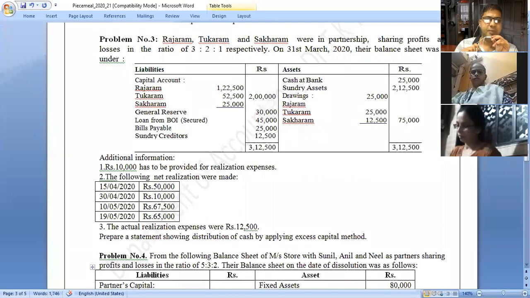Keep this in mind: if you find a wrong adjusted capital, it affects your excess capital, the whole statement becomes wrong, and you will get directly 0 marks. Whenever you solve any particular problem, practice maximum and you will get good marks.